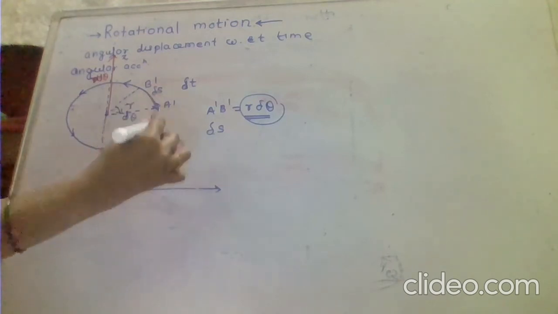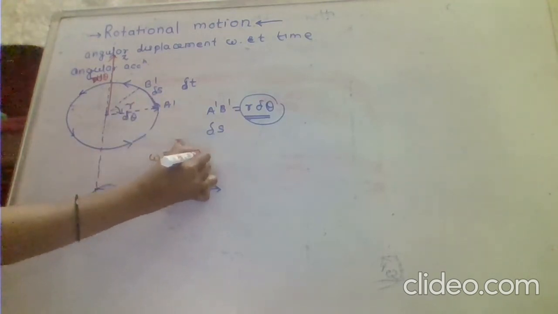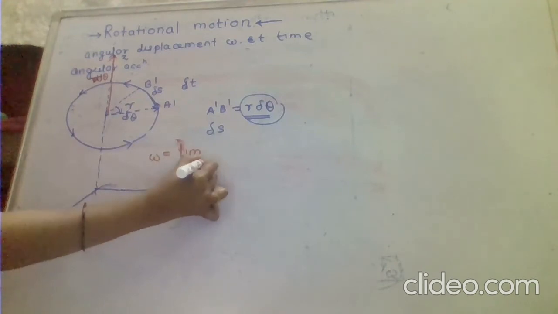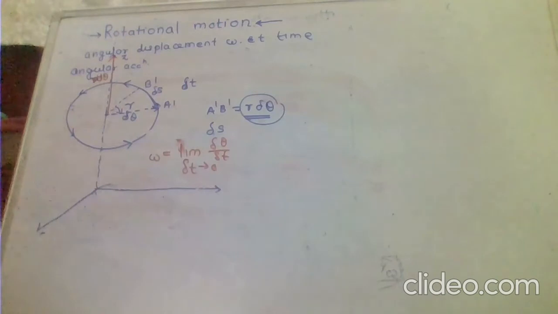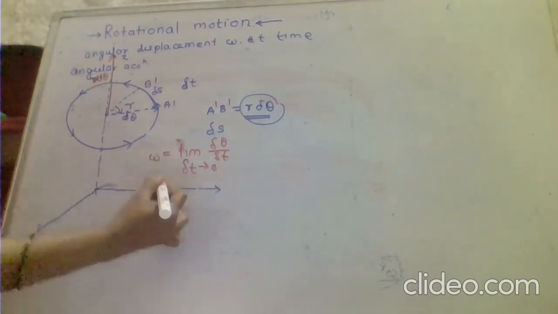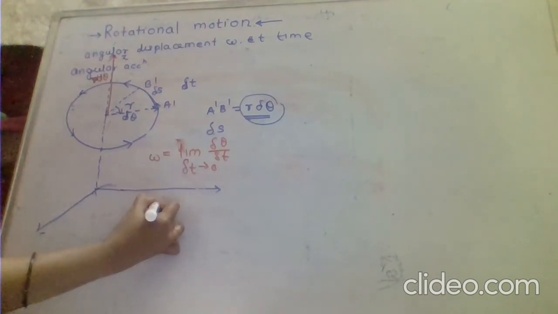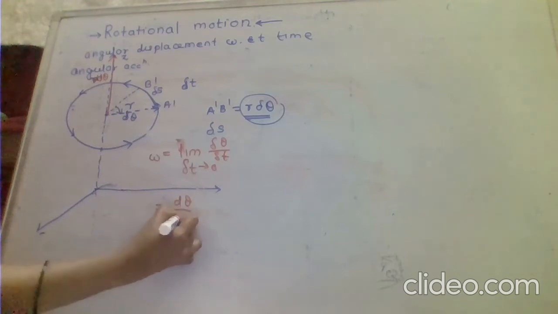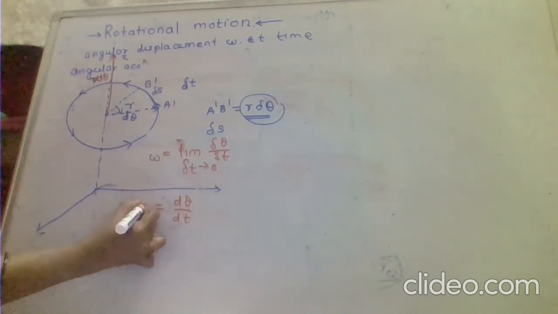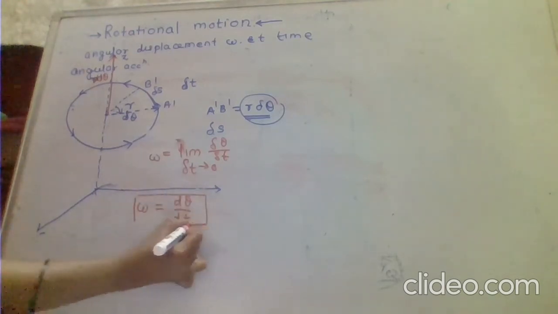At that instant, as delta t tends to 0, it is delta theta upon delta t, which we can write as d theta upon dt. This is instantaneous angular velocity.